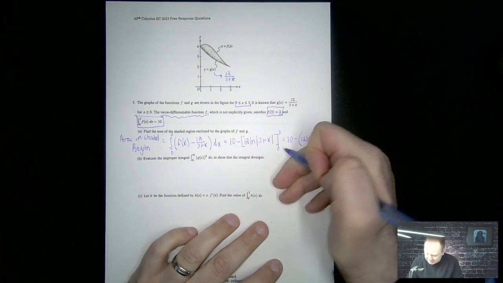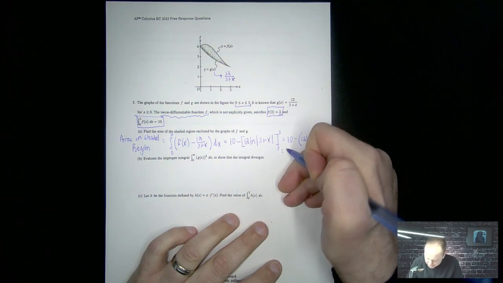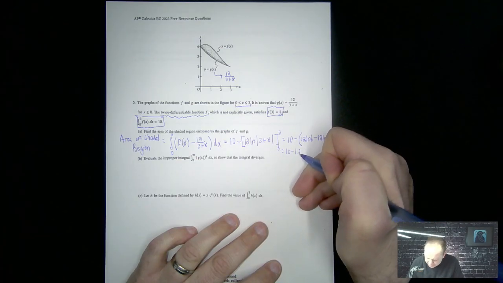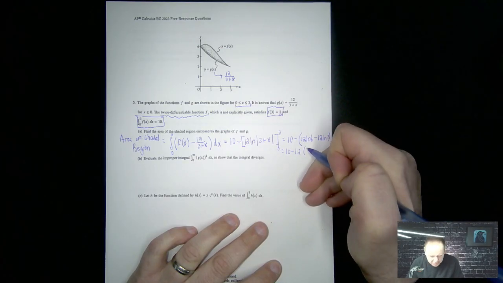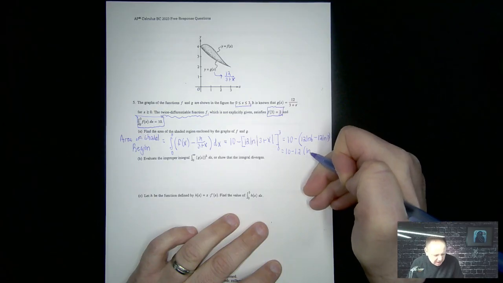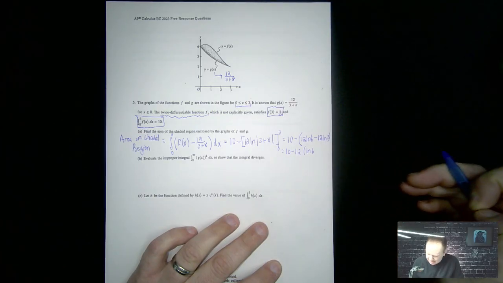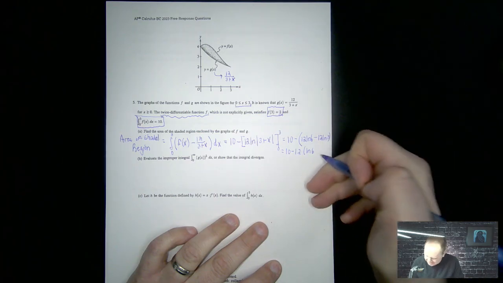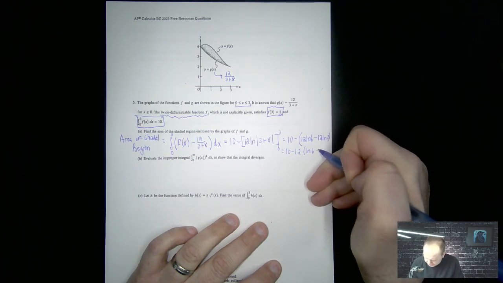So my thought is I'm just going to keep running down with my work. I can factor out a negative 12. That'll give me what? Ln of 6 minus ln of 3.